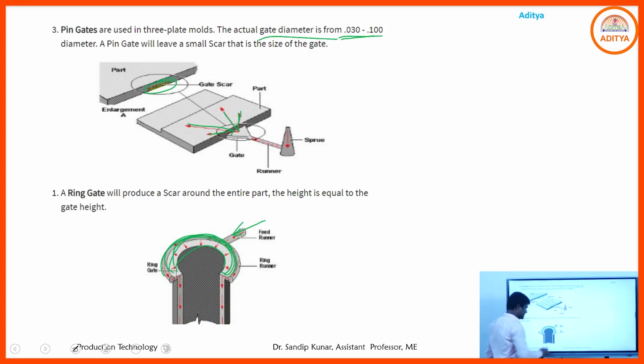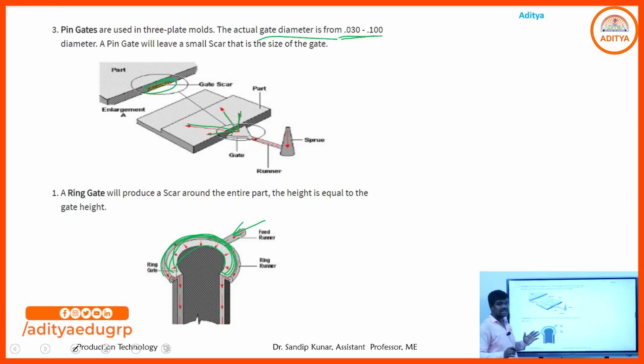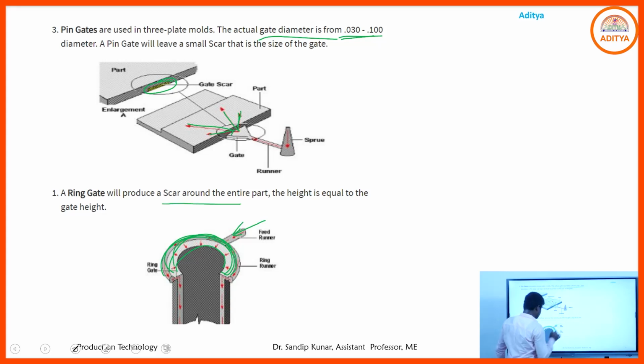The entry of the liquid metal goes through the ring type gate. We are discussing different types of gates, and it will produce a scar around the part with the use of that ring type gate.